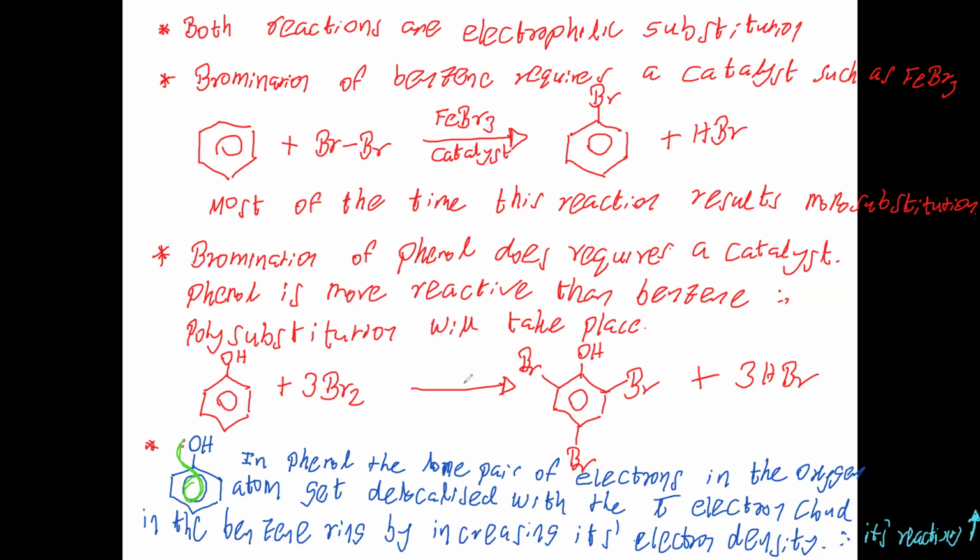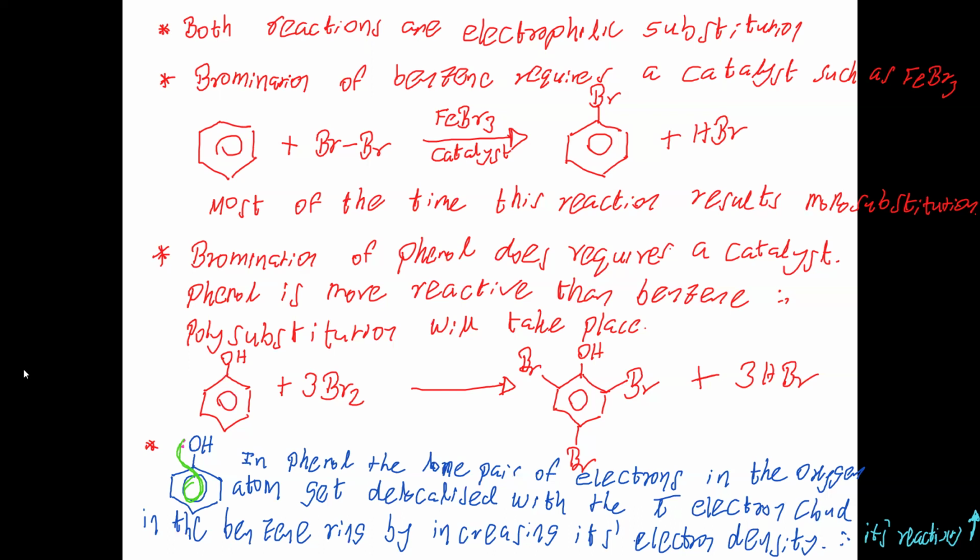Then I wrote the equation. Then I say why this more reactivity happens. Because the oxygen atom has a lone pair. In phenol, the lone pair of electrons in the oxygen atom get delocalized with the pi electron cloud in the benzene ring. So the oxygen atom electron pair gets mixed with the pi electron cloud in the benzene ring, increasing its electron density. Therefore, its reactivity increases.